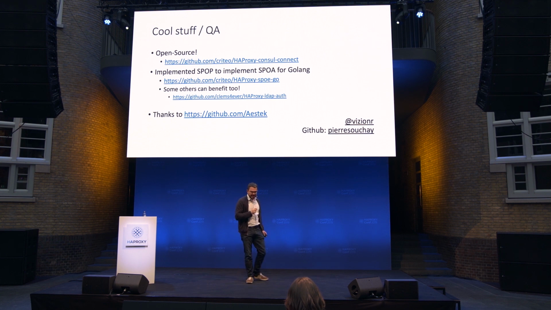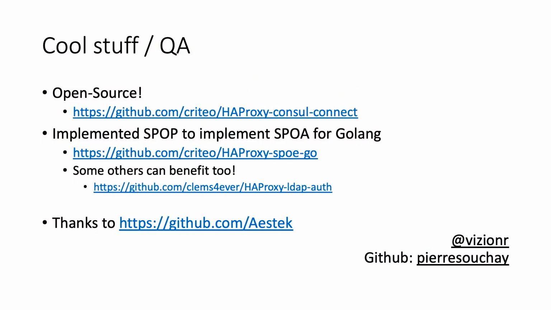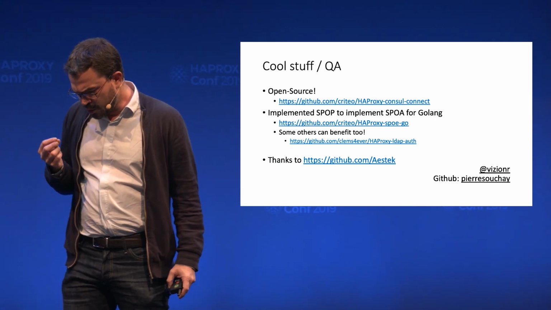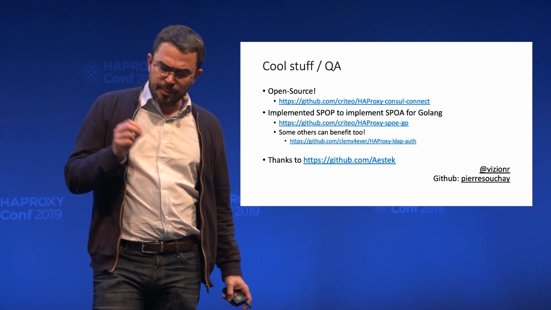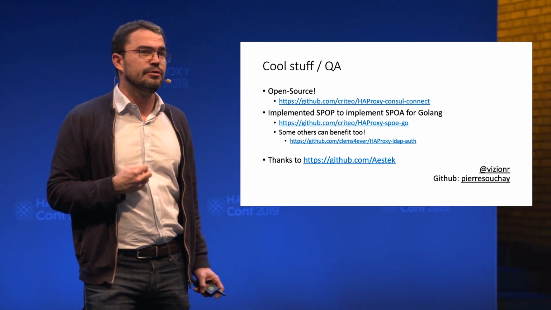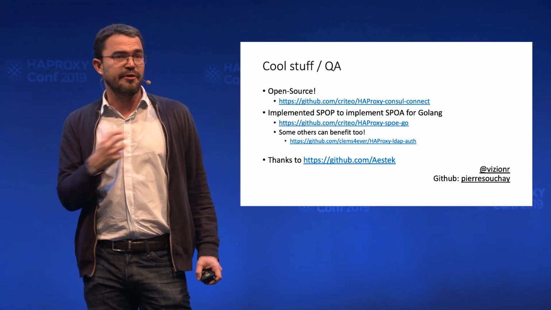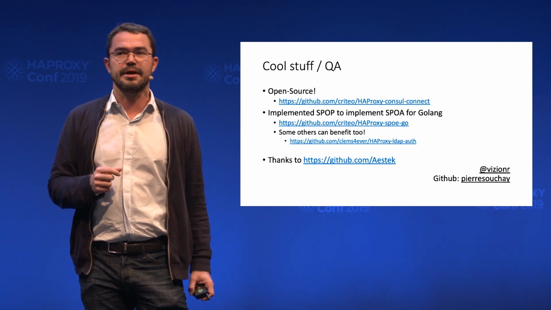We have been testing this new piece of software for something like 2 months in our pre-production, and we have been using it already in production at Criteo for something like 1 month. So it's working quite well. On the performance, I had no time, unfortunately, to do some benchmark, but basically it performs better than Envoy with Consul Connect, which is already quite nice.